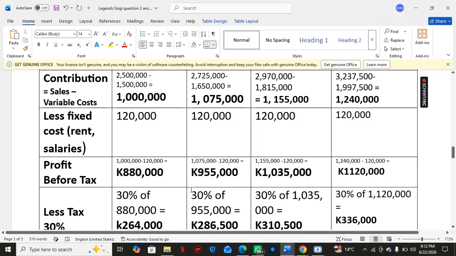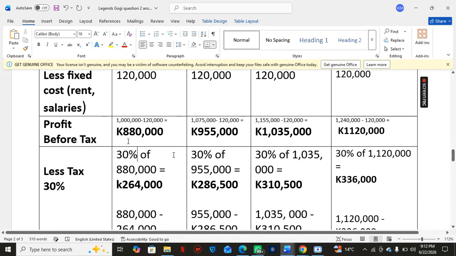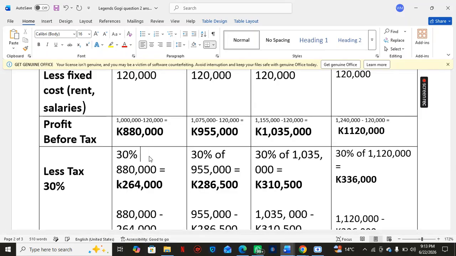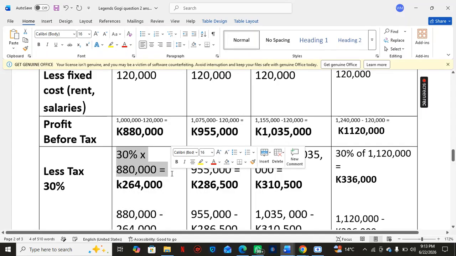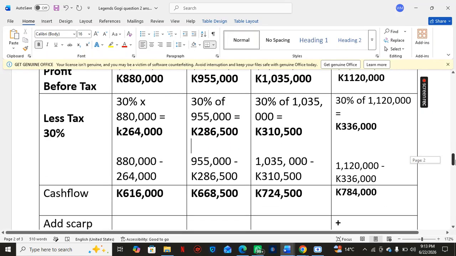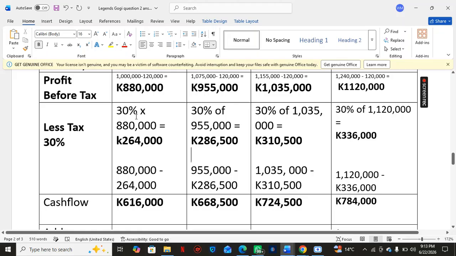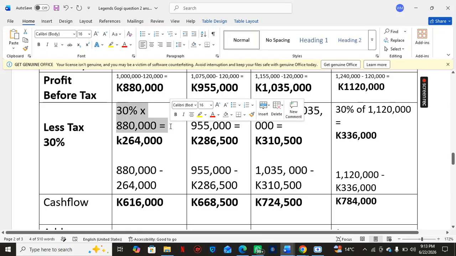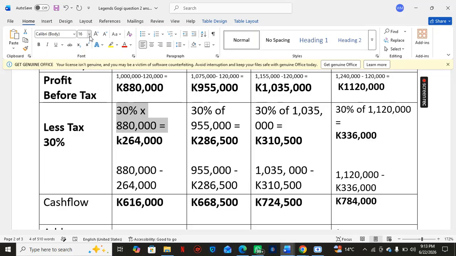The tax rate is 30%, so we're getting 30% of all of these values. 30% of 880,000 is 264,000.